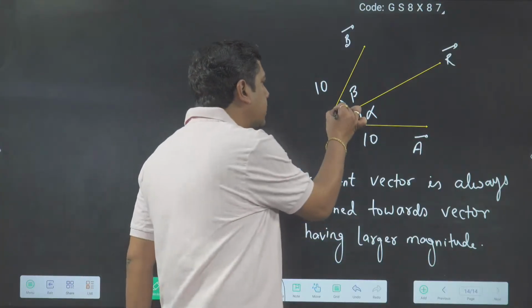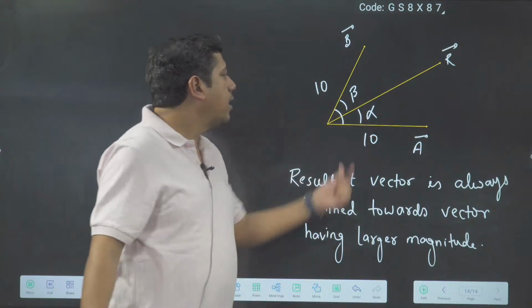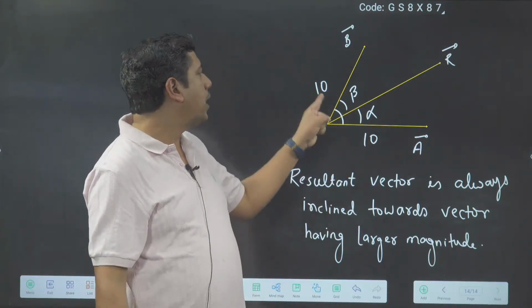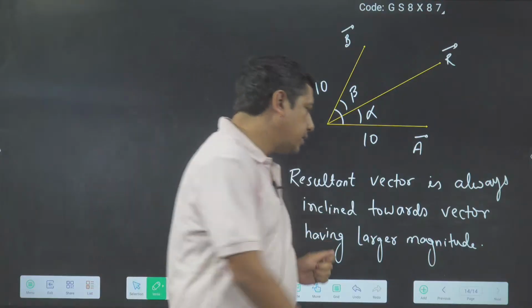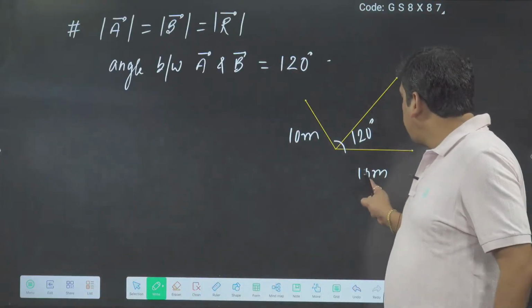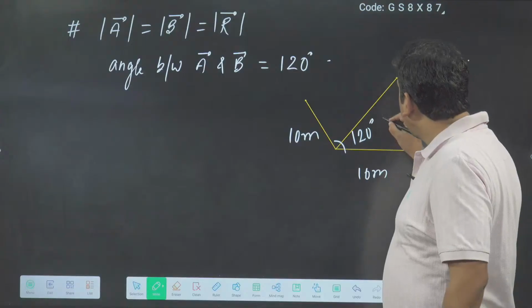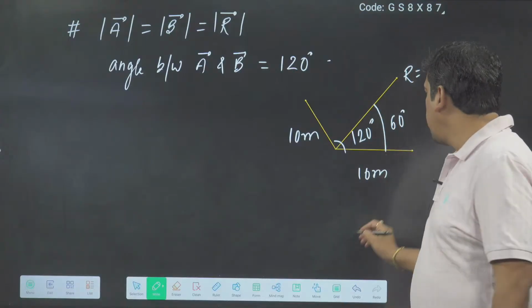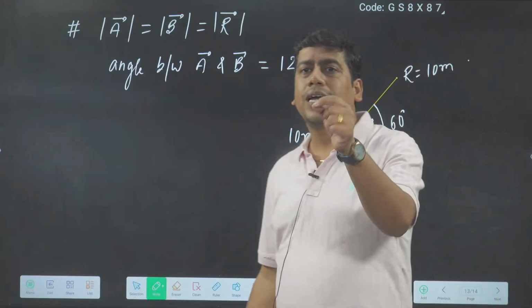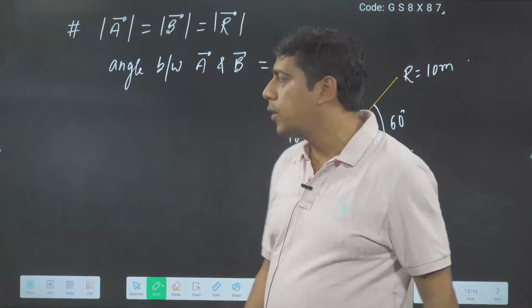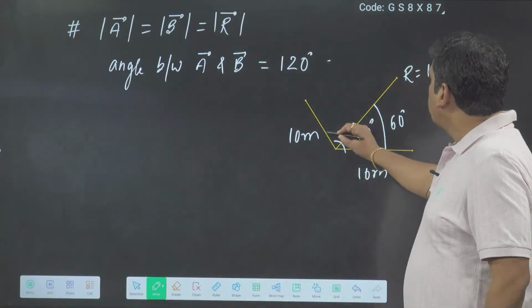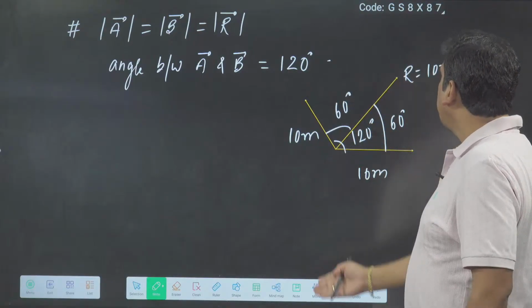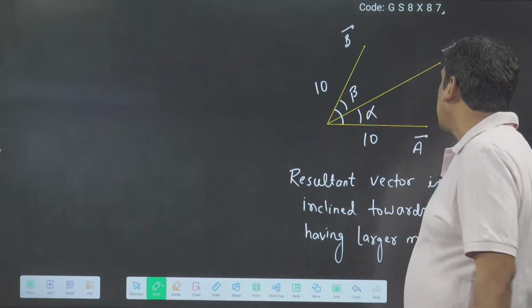If the angle between the vectors is theta, then alpha and beta will each be theta by 2, provided both have the same magnitude. In this case, 10 meter and 10 meter, the angle will be 60 degrees. If you don't believe me, you can use the formula tan alpha equals b sin theta upon a plus b cos theta. So both angles will be 60 degrees, and the resultant will be just in the middle because the magnitudes are the same.